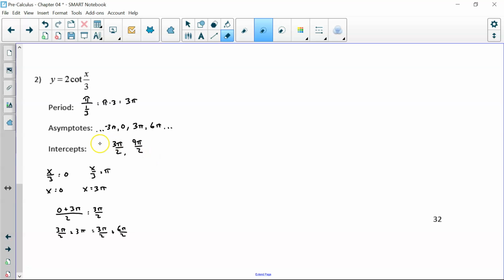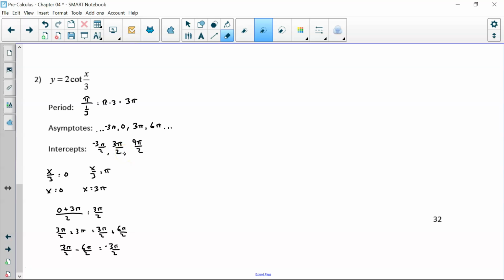We'd have another one at 3 pi over 2 minus 6 pi over 2. That's our 3 pi. And that would be a negative 3 pi over 2. That's where our intercepts are.